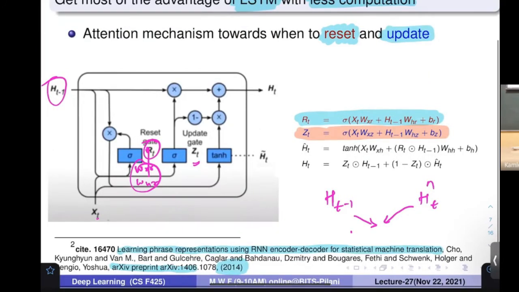The new state, that is h at time t, is going to be a convex combination of the previous two things. So there is a factor. Let me say the factor is alpha here. So the 1 minus alpha factor is going to be multiplied with this. So it is a convex combination of these two values. And by this combination you make the next state that you are going to have. So z_t is used in the same way. So here, alpha is actually z_t.